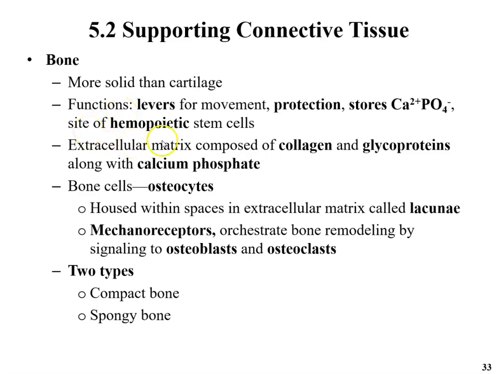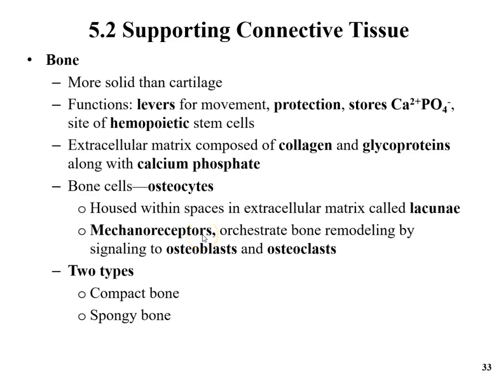The extracellular matrix in bone is composed of collagen and glycoproteins along with calcium phosphate, right? That gives it its hardness. The bone cells are called osteocytes, and again, these are housed within spaces called lacunae. And the osteocytes are mechanoreceptors that orchestrate bone remodeling by signaling to osteoblasts and osteoclasts.